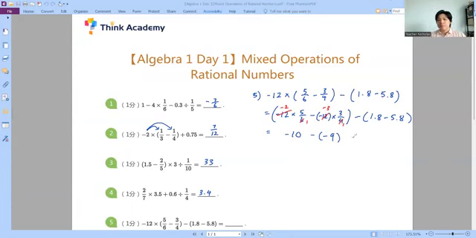All right. And what we can do in this next step is to actually solve the second set of parentheses. It's 1.8 minus 5.8 in there. That should be negative 4. Okay, take a look at what we end up with. Maybe I can rewrite the sign so it's a little clearer.